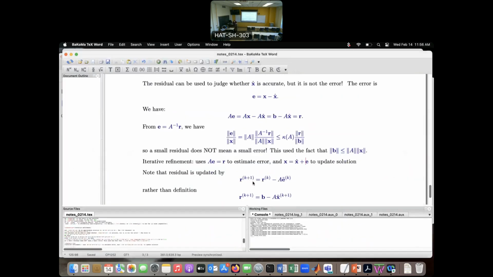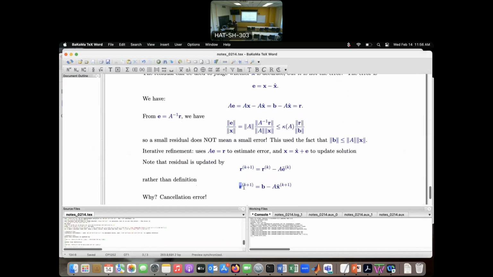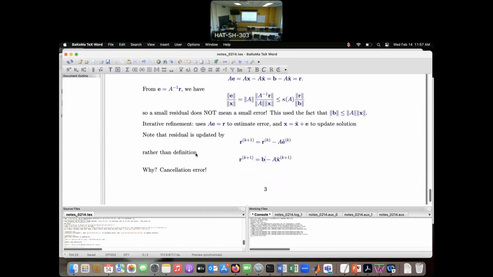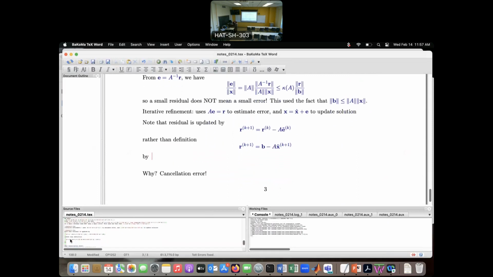So here's what it would be from the definition. Let's start with the definition.